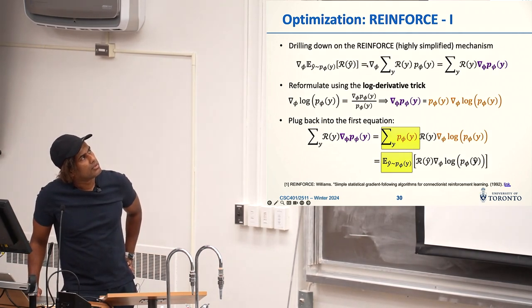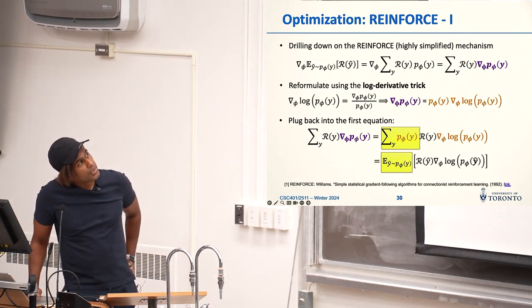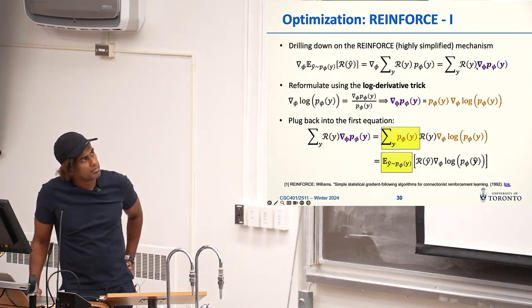Now, this is the expectation, the definition of expectation. And our derivative is outside the summation block. So this is just the definition of expectation, and by linearity of the gradient, you can push the gradient parameter inside.